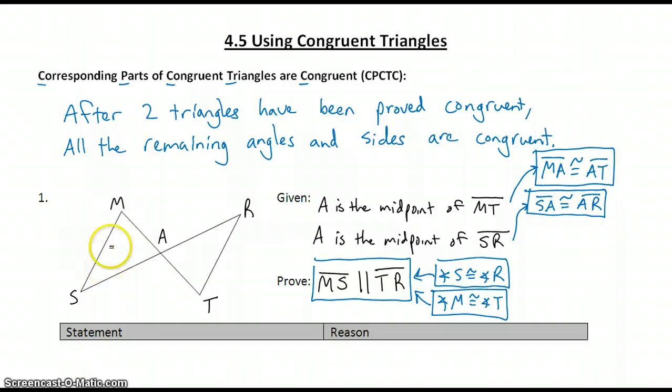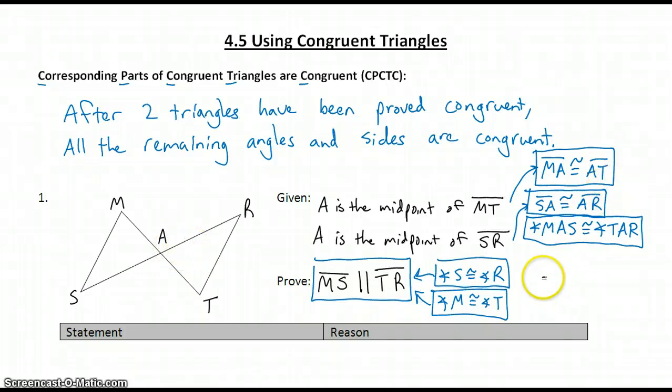Well, if I look at the way that the triangles are drawn, I have vertical angles. This angle is vertical to this angle, and by the vertical angles theorem, those two angles will be congruent. I also know that angle MAS is going to be congruent to angle TAR by the vertical angles theorem. So if I look at this information, I have three pairs of congruent parts: side, angle, side.